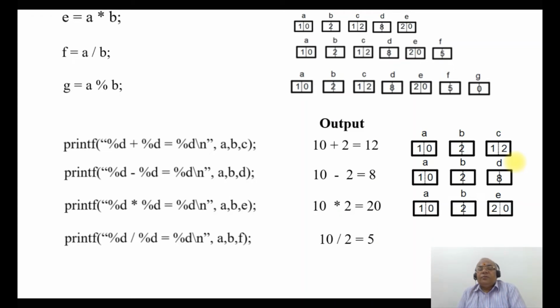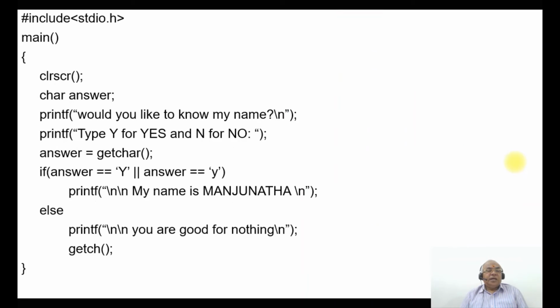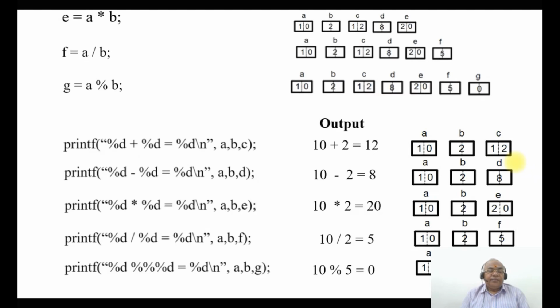So 10 by 2 is equal to 5, and you are going to get a, b and f. Similarly, "%d % %d = %d\n", a, b, g, which will be 0. So this is how you will be able to execute this program.